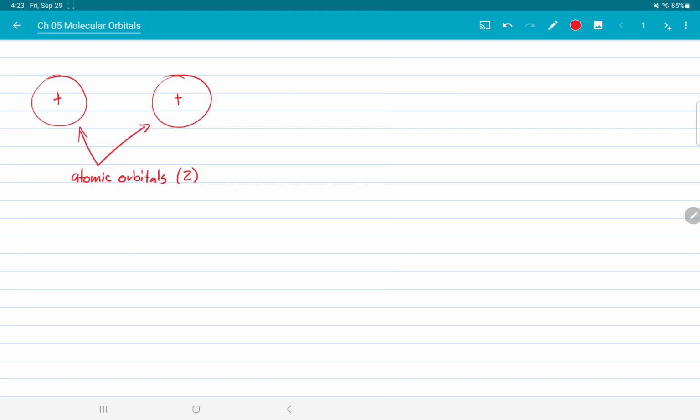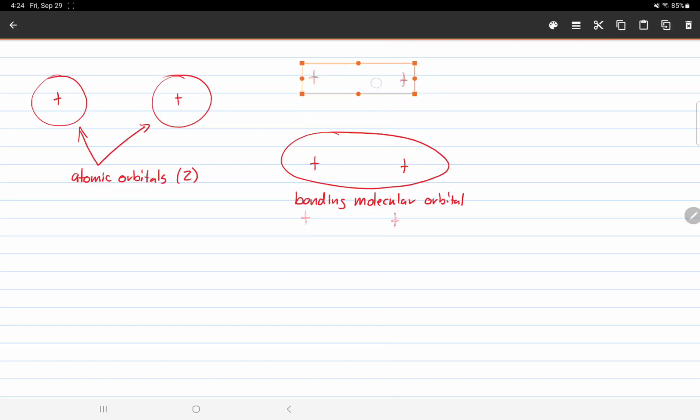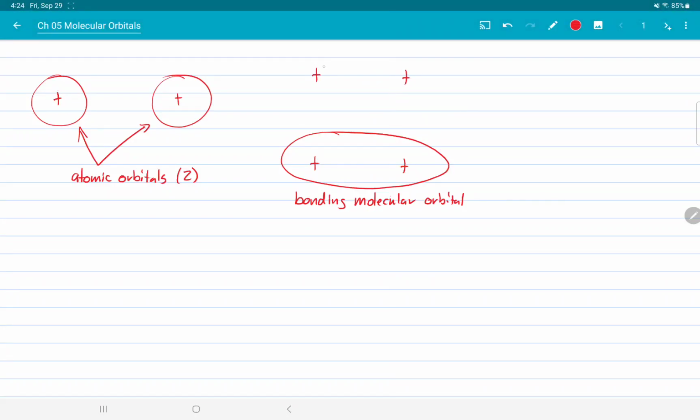So as these come together, we form a bonding molecular orbital, and we'll also form an anti-bonding molecular orbital.